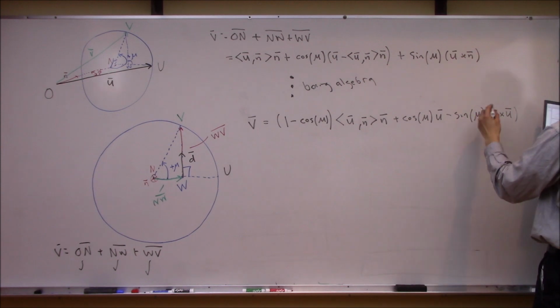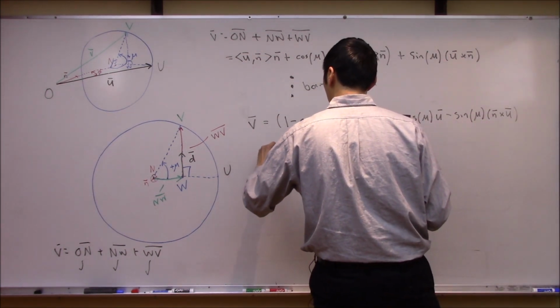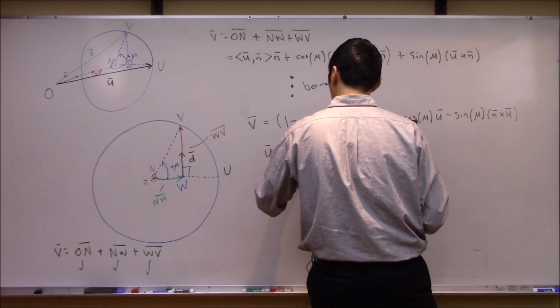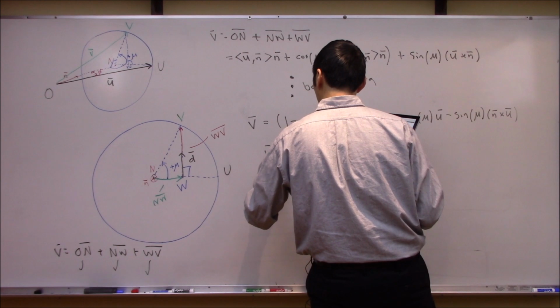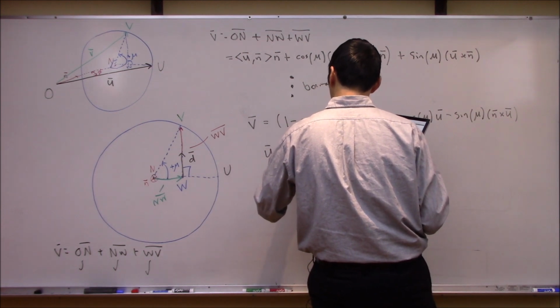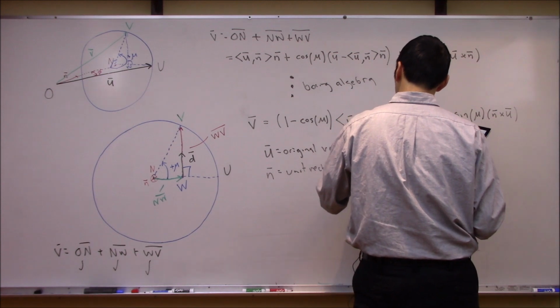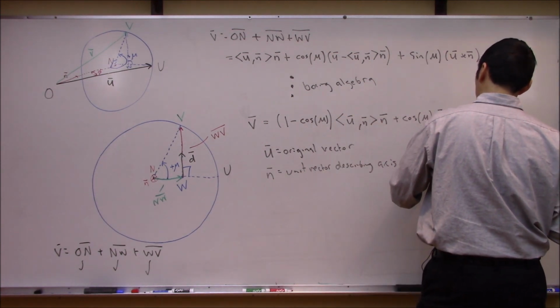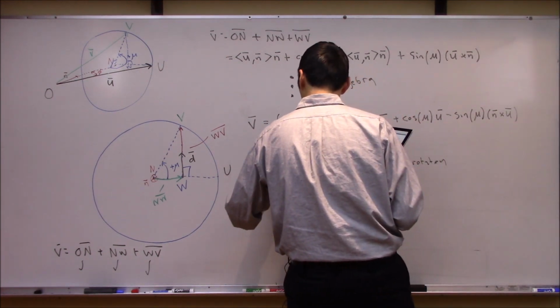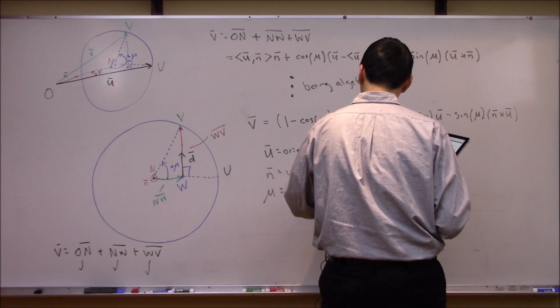But anyway, this is what we're looking for here, and in this case u is the original vector, right? N is our unit vector describing the axis of rotation, and mu is our left-handed rotation.